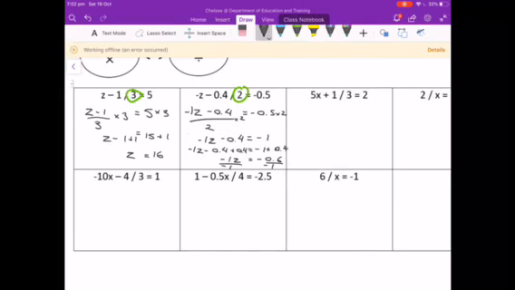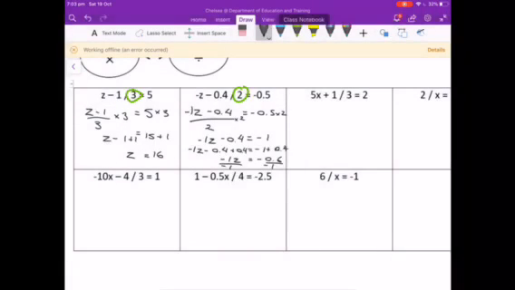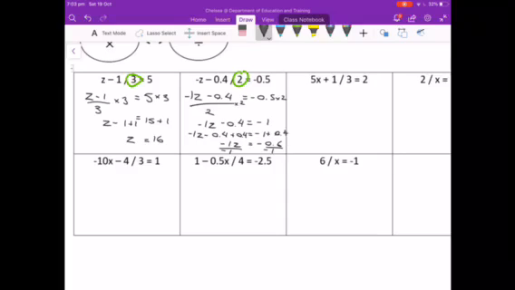5x plus 1 divided by 3 equals 2. Now the last thing that's happened is dividing by 3. So we're going to multiply both sides by 3. We're left with 5x plus 1 equals 6.